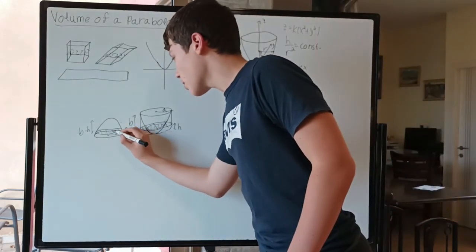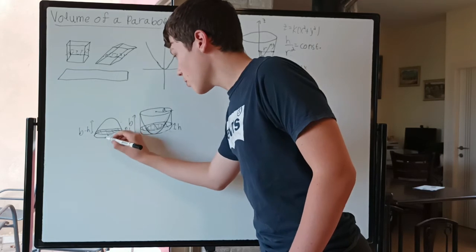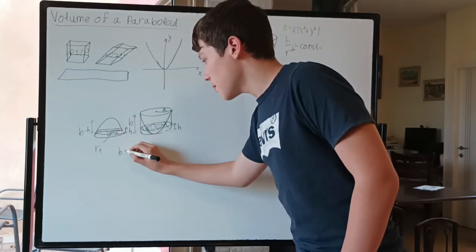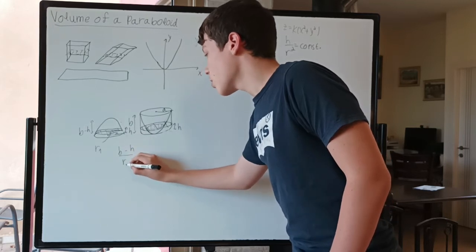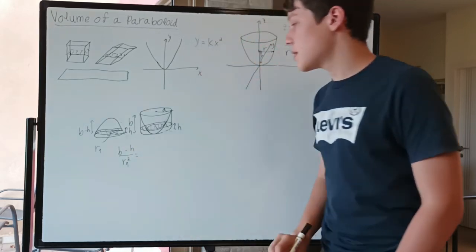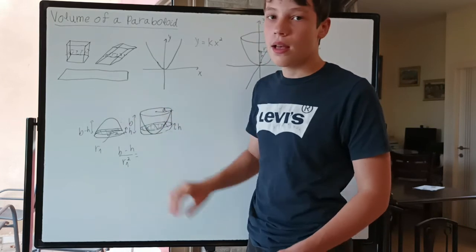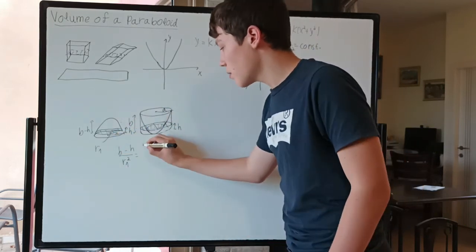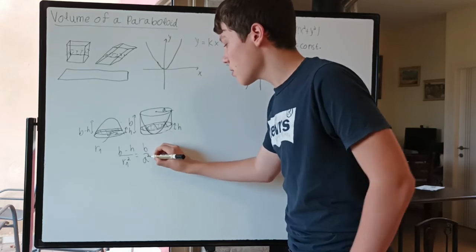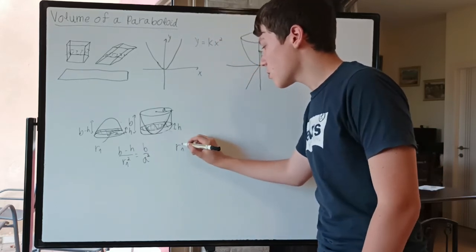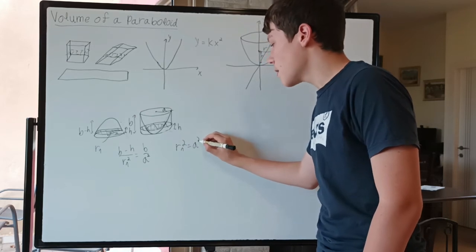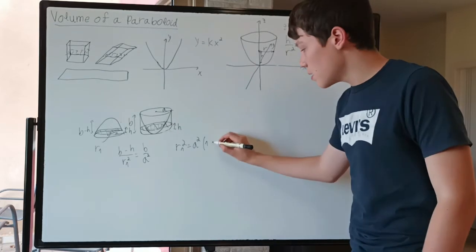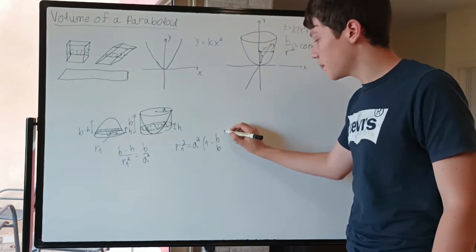So if we call this radius r1, then we know that b minus h over r1 squared has to be the same as the entire height b divided by the large radius a squared. So this is equal to b over a squared. Or in other words, r1 squared is equal to a squared times (b minus h) divided by b, which is 1 minus h over b.